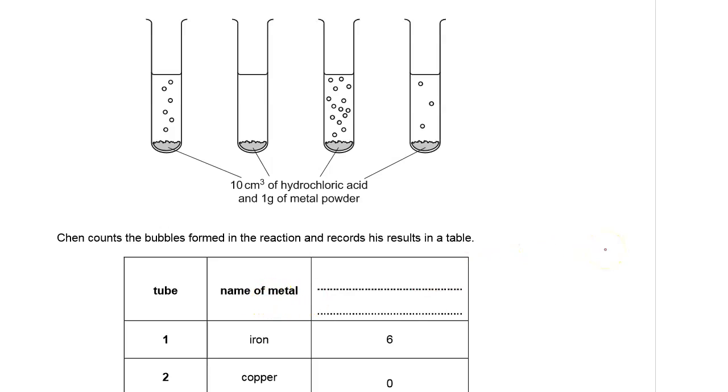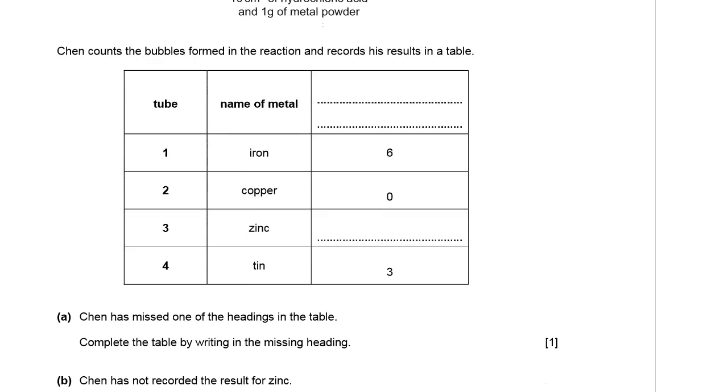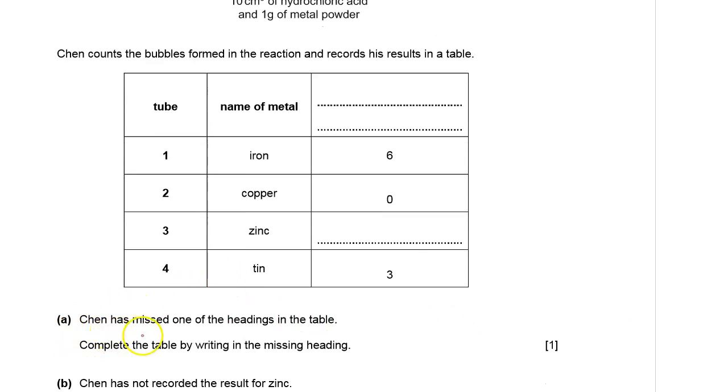Of course, let me bring it down here. We are told, part A, Chen has missed one of the headings in the table. Complete the table by writing the missing heading. So we have a tube, we have a name of metal, and this should be number of bubbles.